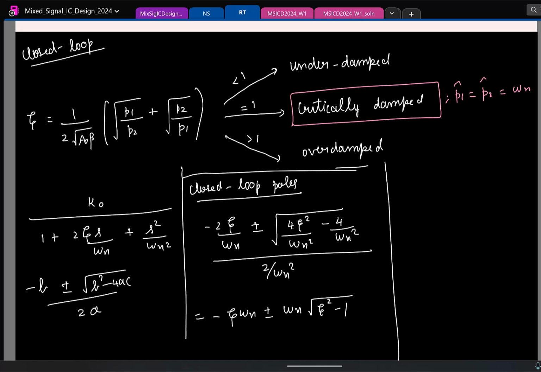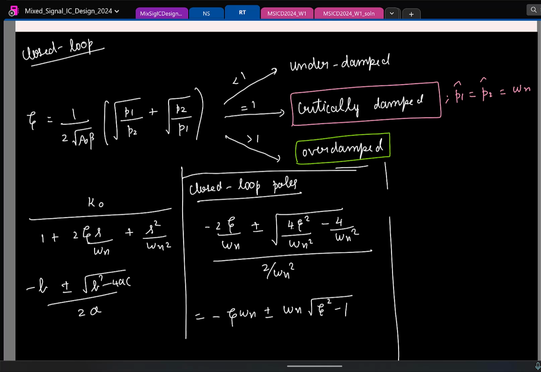So let us say I look at overdamped. If zeta is greater than 1, do you think the poles are real or imaginary or complex? Real. And that's why we look at this case. It's not randomly we choose it. And what can you say about the locations?